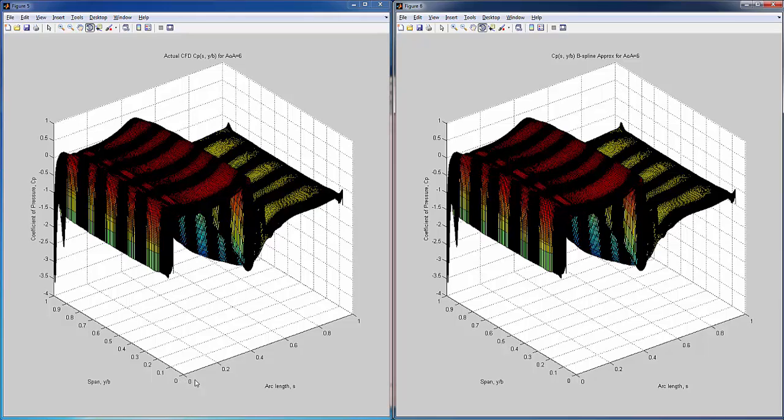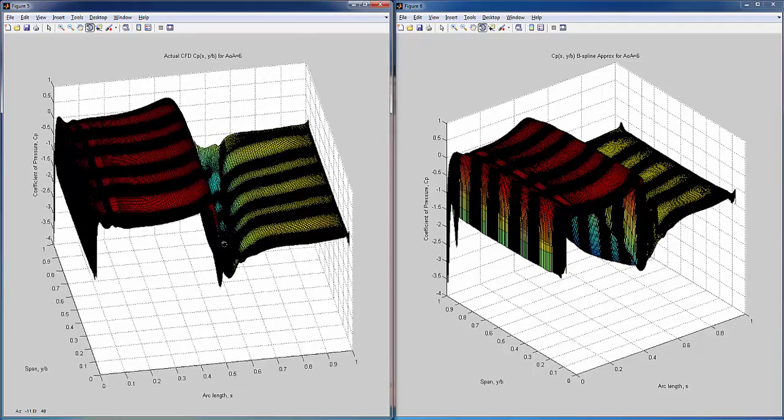Arc length, 0 corresponds to the lower surface of the trailing edge, 0.5 near the leading edge, and 1 near the upper surface trailing edge. We have our CP value here. The same is true for the B-spline approximation. Just from a visual inspection, we can see that the B-spline does a pretty good job.